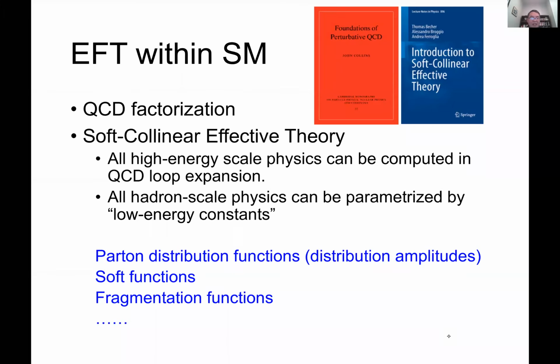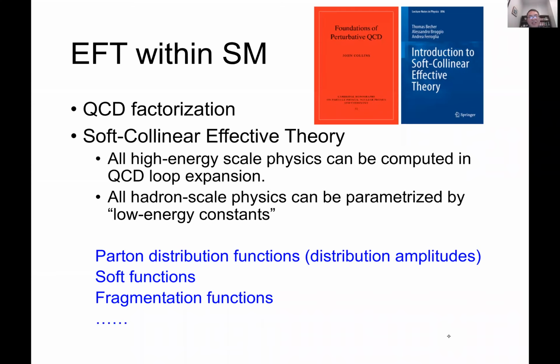So what are those low energy constants? Well, there are Parton distribution functions, or distribution amplitudes in some cases. There are soft functions, and there are also fragmentation functions. These are functions that live at low energy that perturbative QCD cannot calculate, and therefore we just leave them as parameters. In fact, there are an infinite number of constants because they're functions.